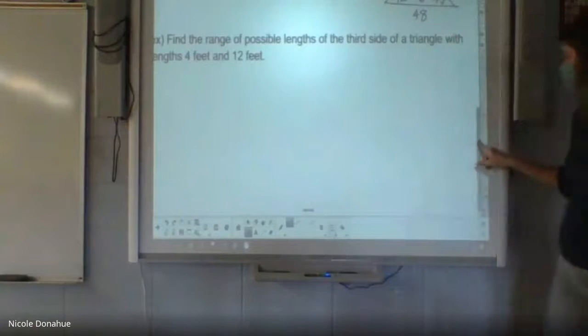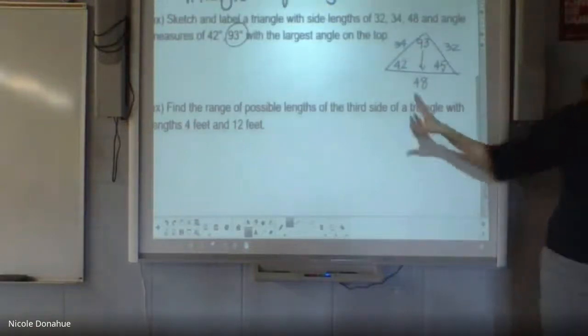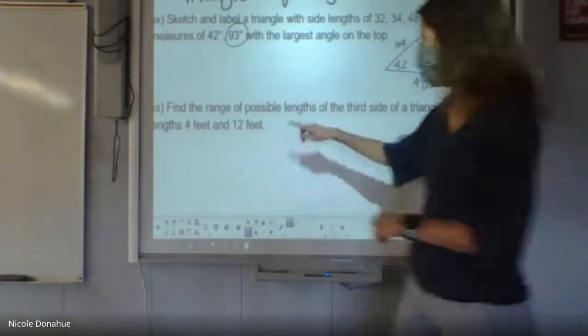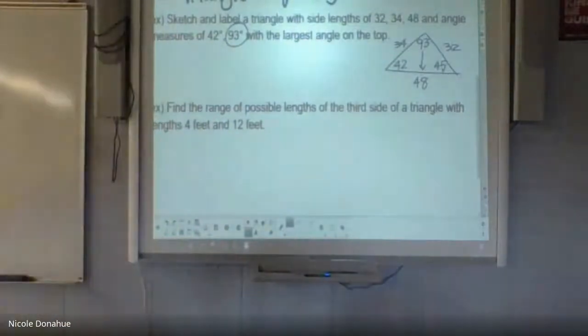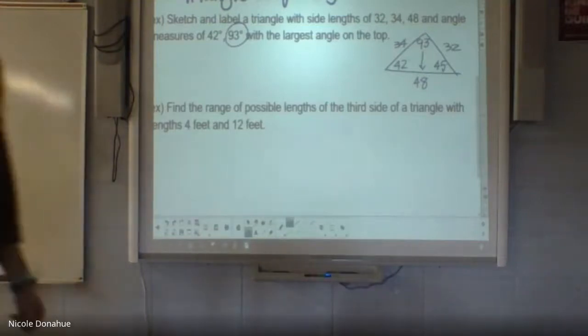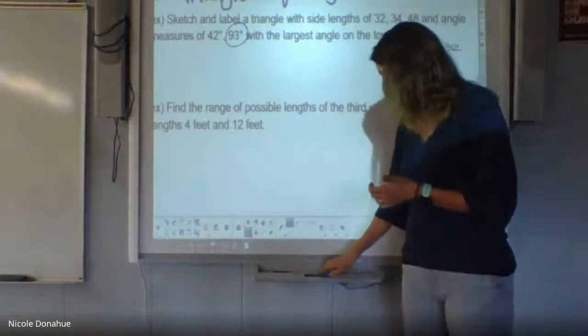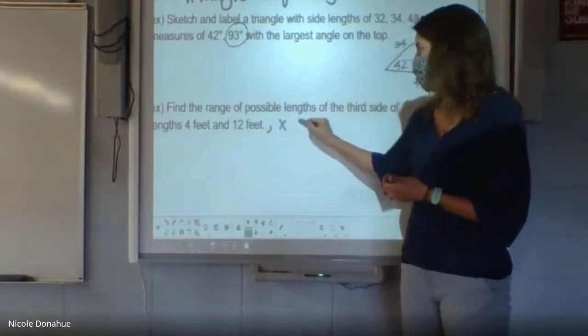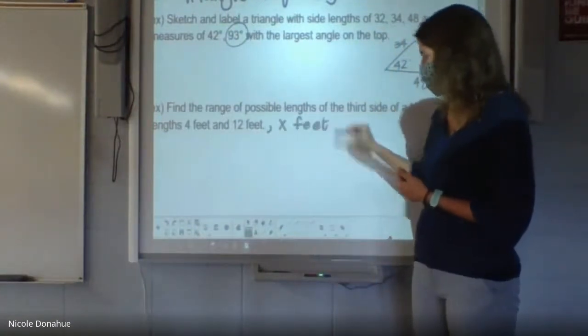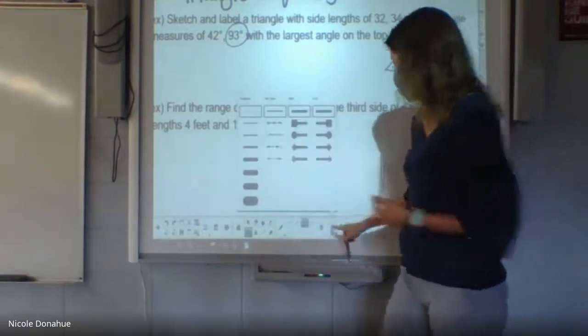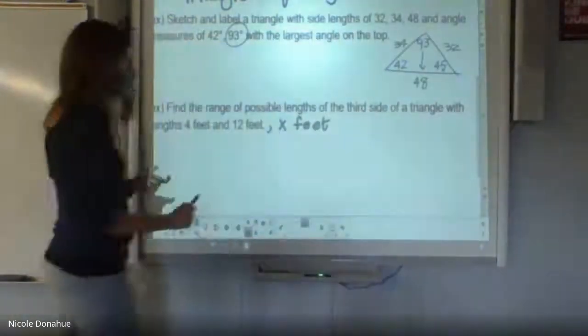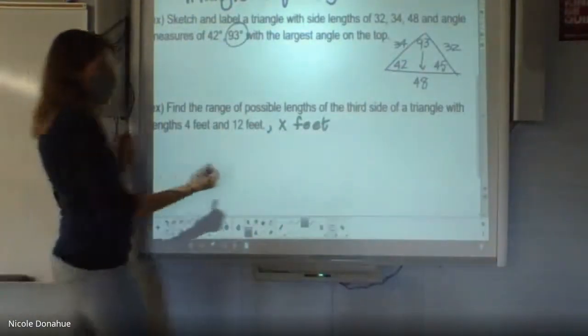We should also be able to write inequalities based off side lengths. So they give me 4 and 12, and I want to find the range of values that the third side could be. So if you guys recall, we set up kind of two inequalities with this. I'm going to call the third side x. So we can assume, first of all, we could say, what if x is the longest side?